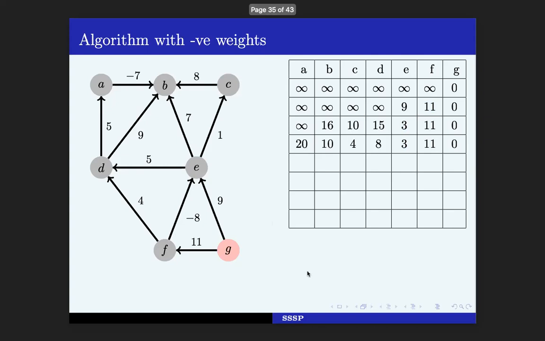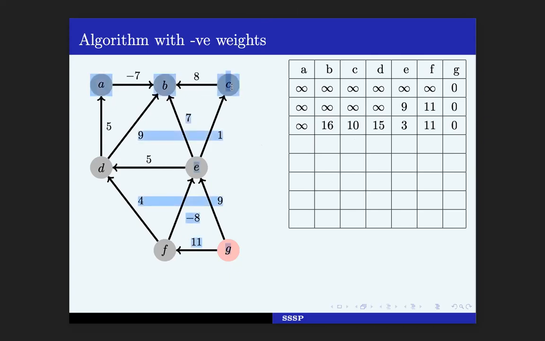The next one is, again, I go for, for example, here. This is the number of the 4th step. Okay, maybe they come back here. Let's look at C here. What is the shortest path that I can go from G to C?